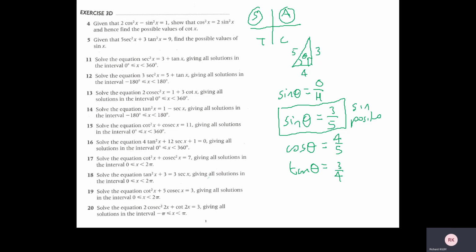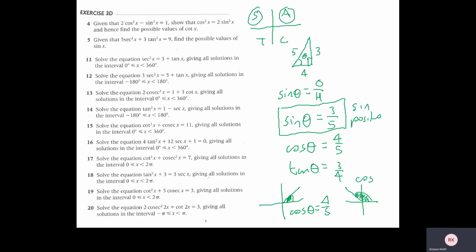Say we wanted to find cos theta. We could have cos theta in this quadrant, so cos theta equals 4/5. But we could also have it here, where we're trying to find this angle here. This angle is going to be in this quadrant, and in this quadrant, cos is negative.